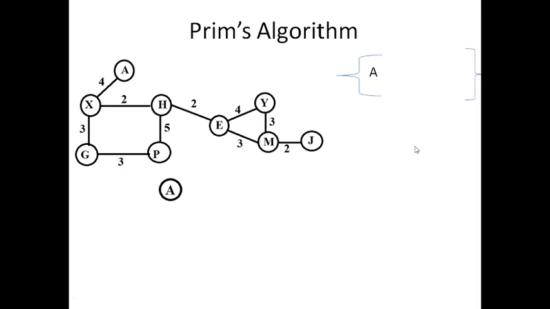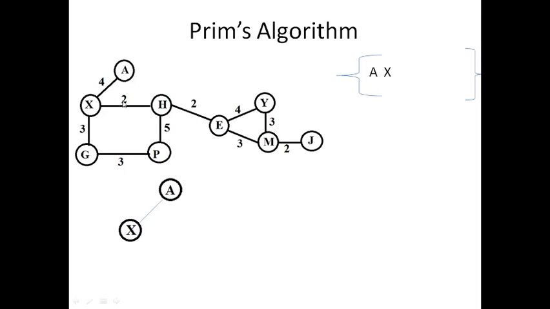And this list will comprise all the vertices that have already been included into the minimum spanning tree, so that we don't by mistake add one more edge for that particular vertex. Now X is included into the minimum spanning tree, and it is also added into the list.